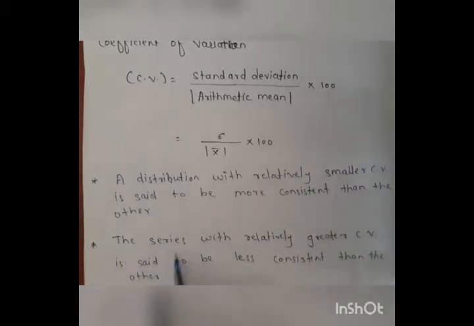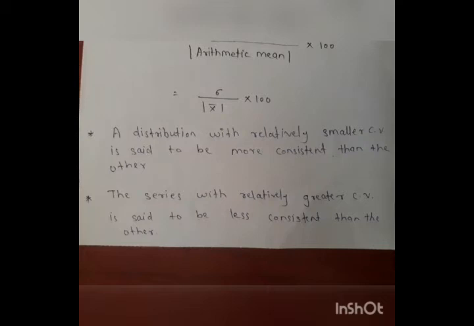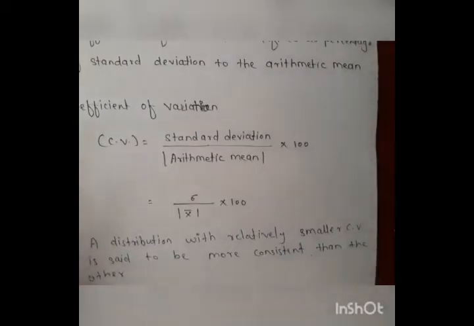Next, the series with relatively greater CV is said to be less consistent than the other. Using all the formulae, that is combined variance, combined standard deviation, and coefficient of variation, we solve the example.